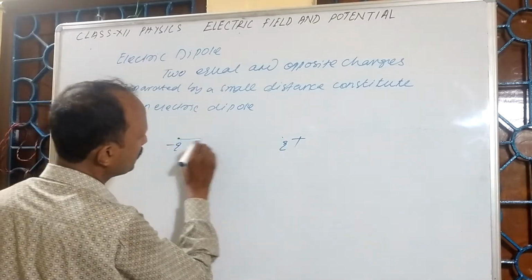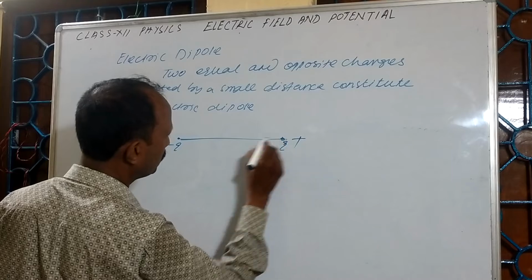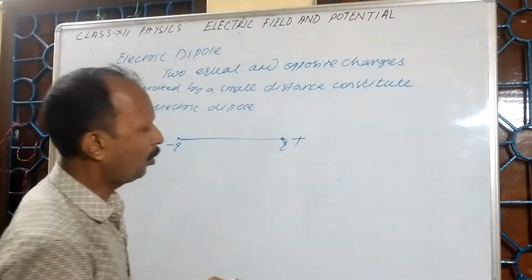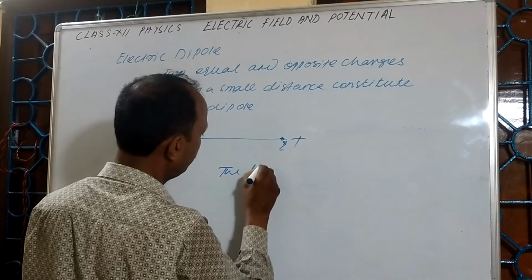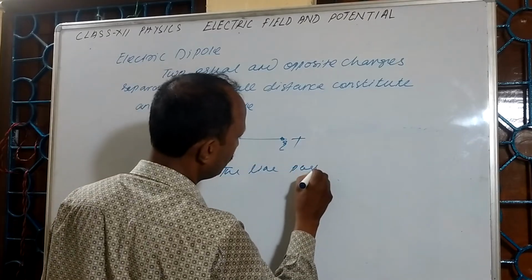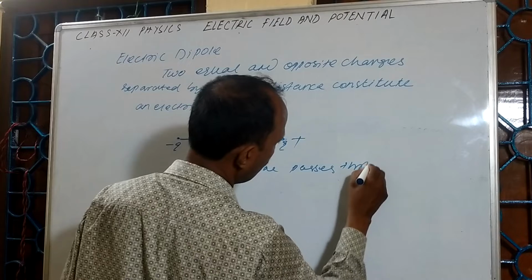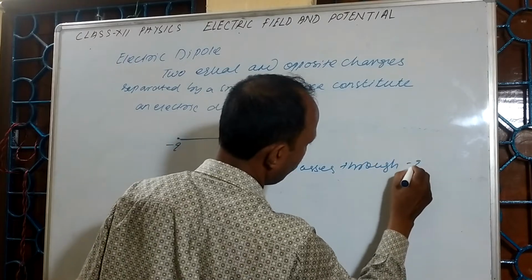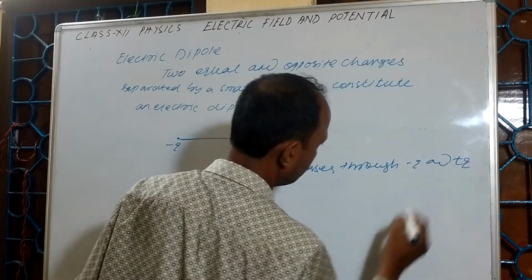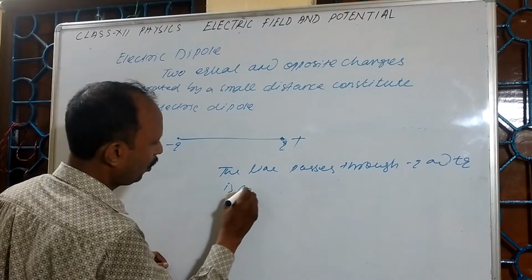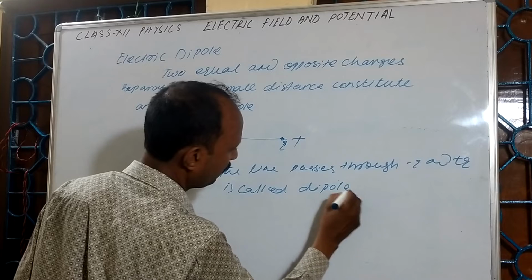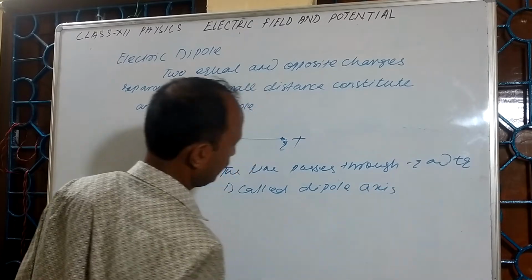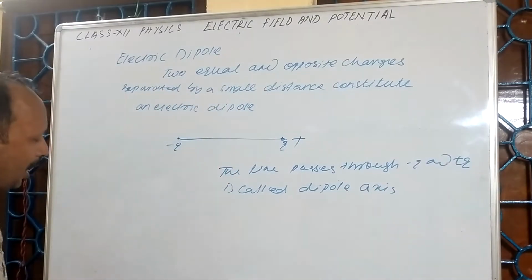The line that passes through minus q and plus q is called the dipole axis.